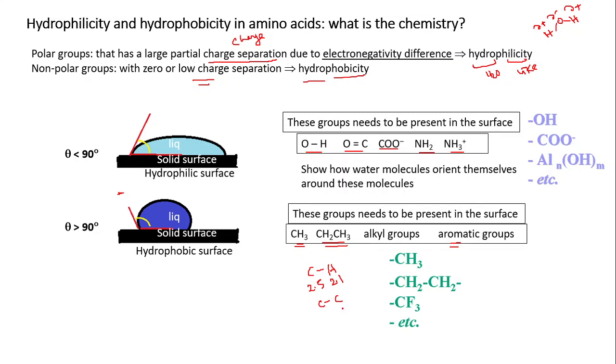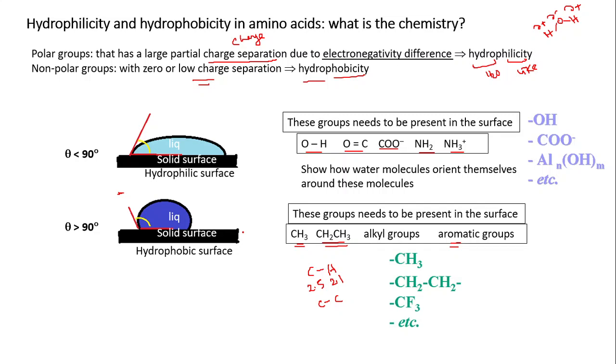If it's carbon and carbon, there is no charge at all. These are hydrophobic because they do not interact with water, which has polar character. If there is a surface with these groups present, the water will try to repel away from the surface.